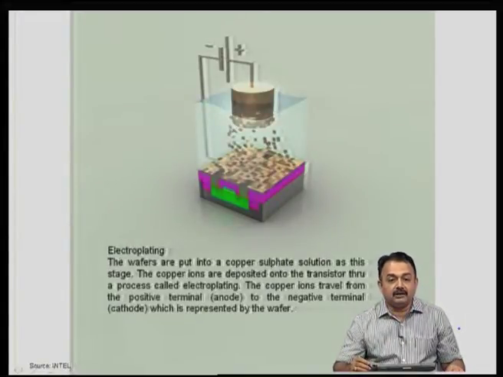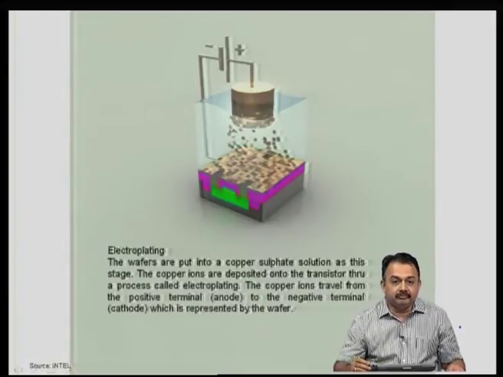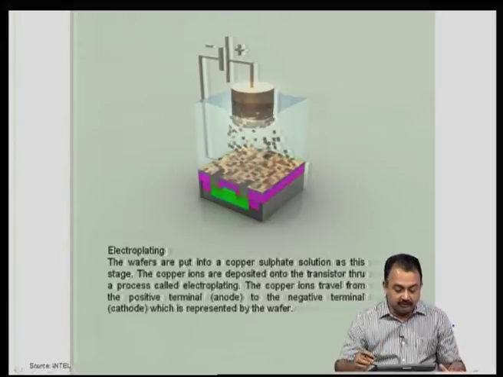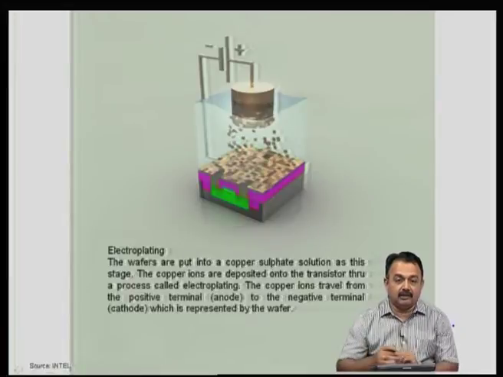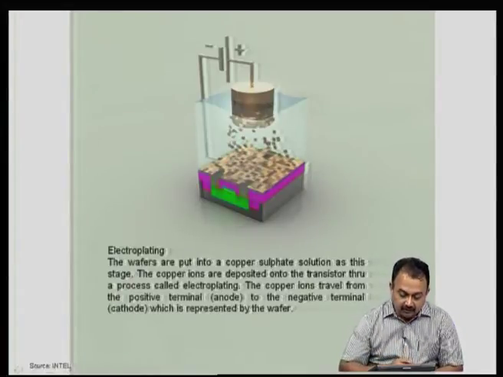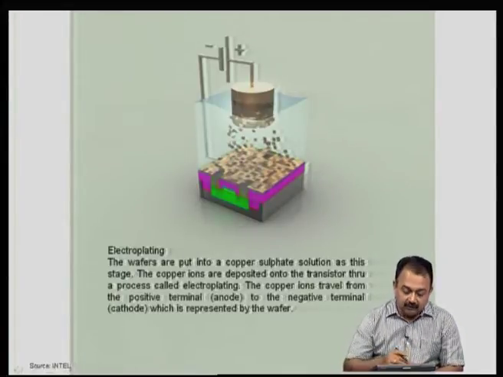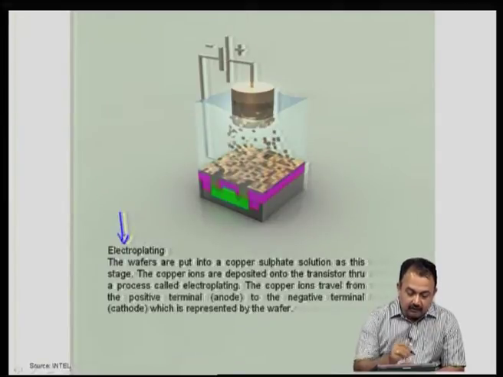Now, how do you make this area conductive? The exposed area, as you have seen in the previous slide, the open areas need to be plated with a conductor. Typically, we are going to use copper. In this particular example, we have taken up a process called electroplating.